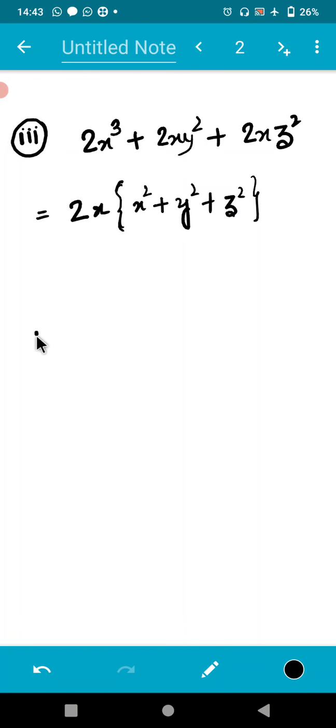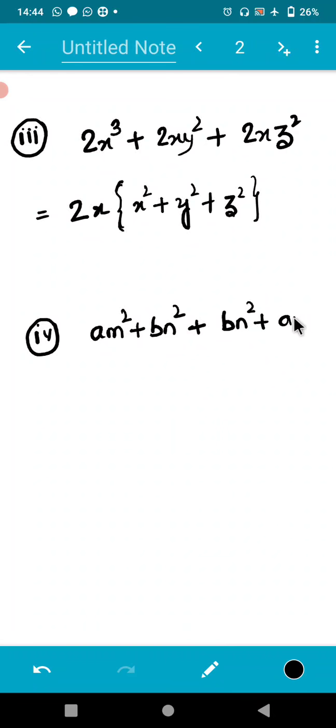Now let's see what is there in sum number 4. In sum number 4 we have am square plus bm square, plus bn square plus an square. When 4 terms are given, what is the method? From the first 2 terms we'll see if there is any common factor or not, and the same thing we'll see with the last 2 terms.